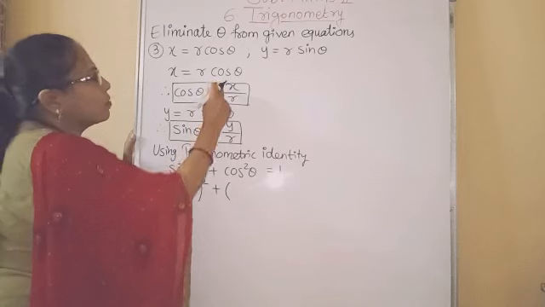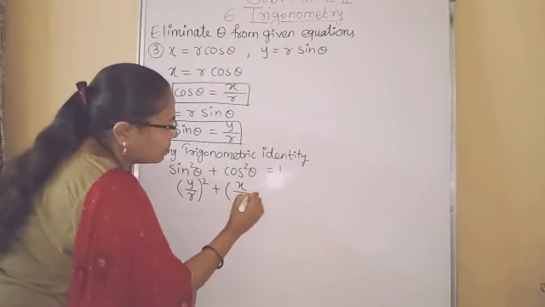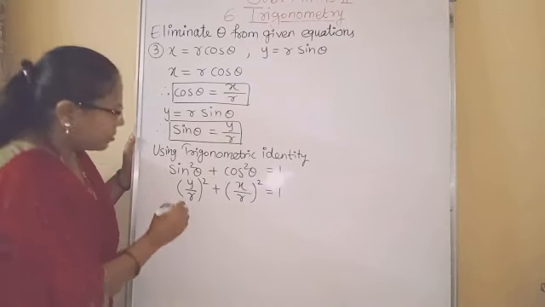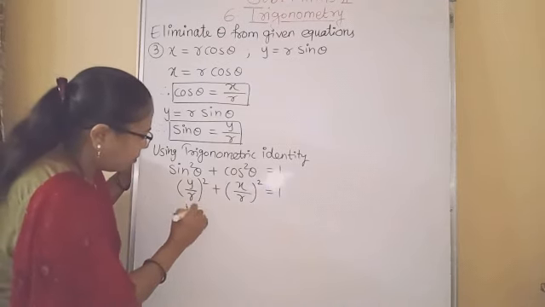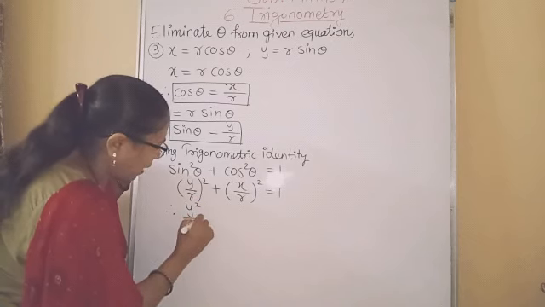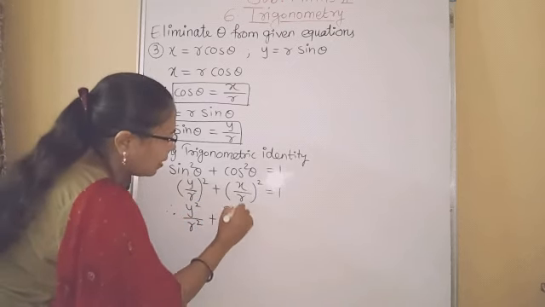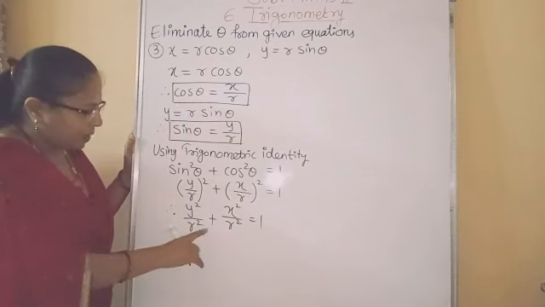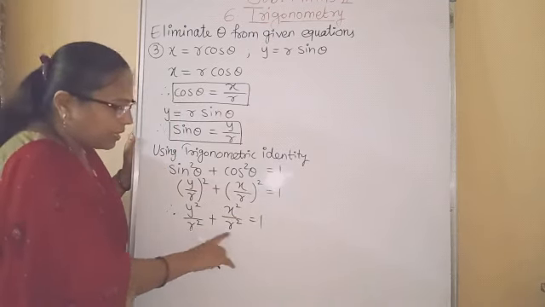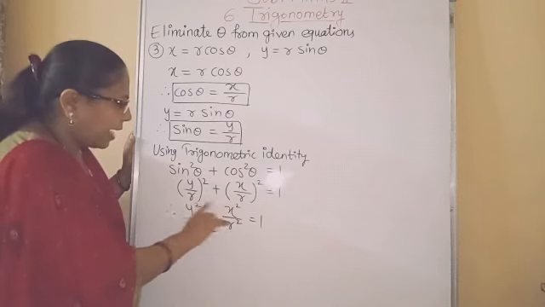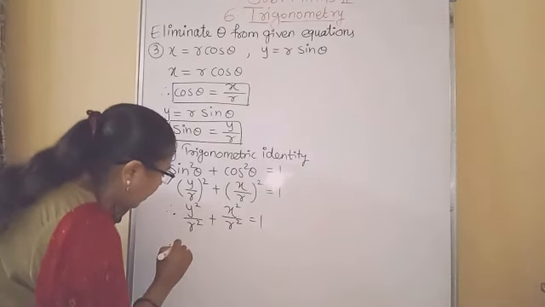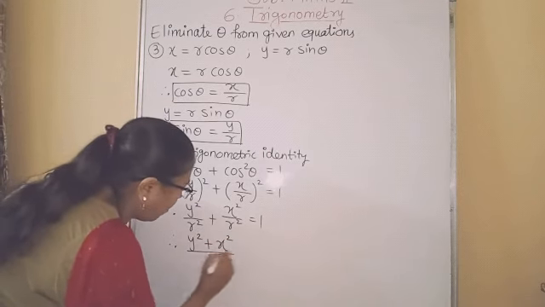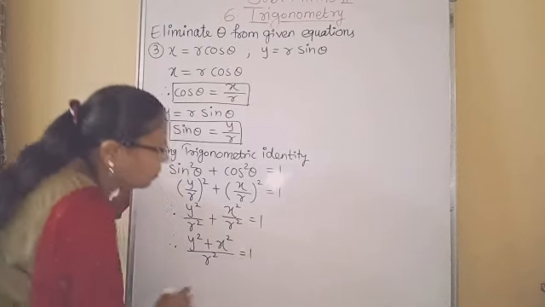Cos theta is equal to x upon r, bracket square, is equal to 1. Now make the squares. Therefore, y square upon r square plus x square upon r square is equal to 1. Now again here also the denominator is the same. So we can directly add the numerators. Therefore, (y square plus x square) upon r square is equal to 1.